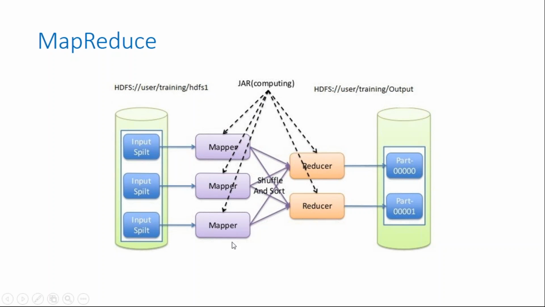The number of mappers always depends on input splits, and the mapper is the job getting executed, which we write. And then there is one more phase which is called shuffle and sort, and then the output of the mapper is fed to the reducer. Reducer is also another program that we're going to write, and the output of the reducer is the actual output we're going to get somewhere on this HDFS location.